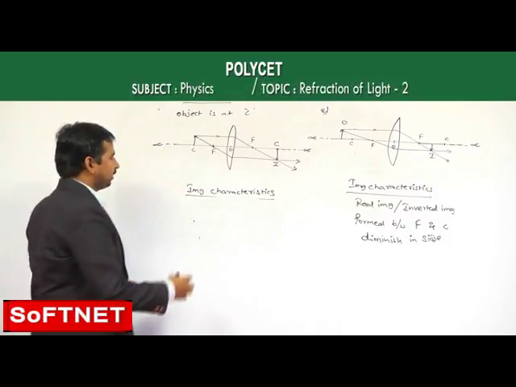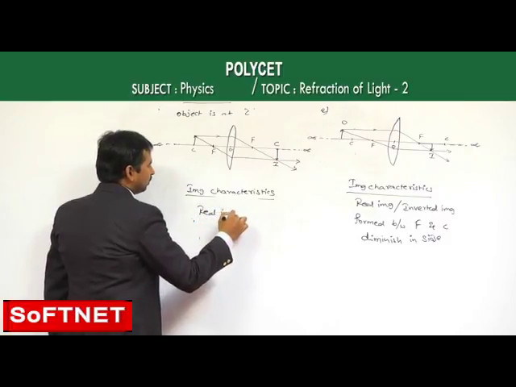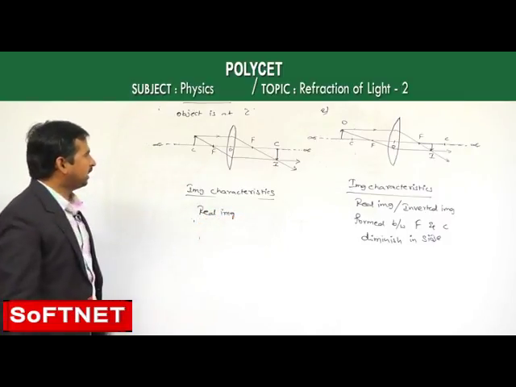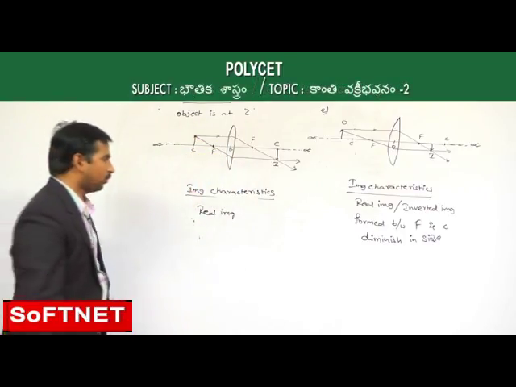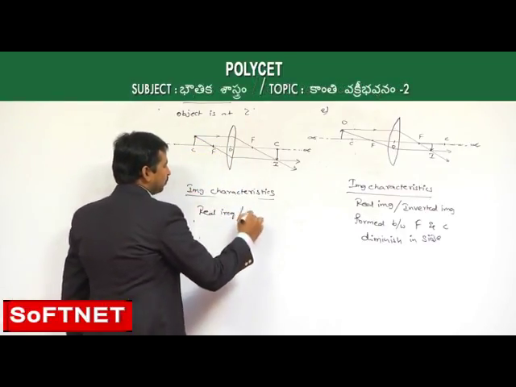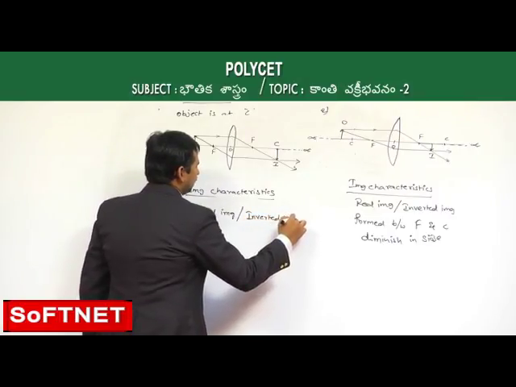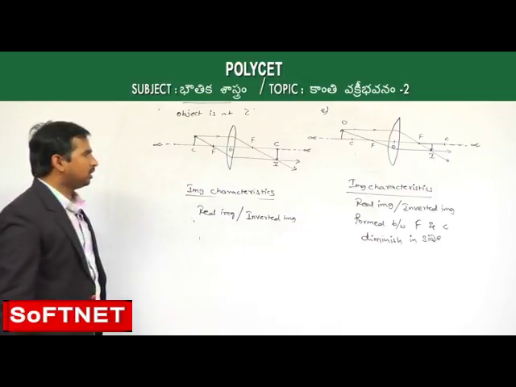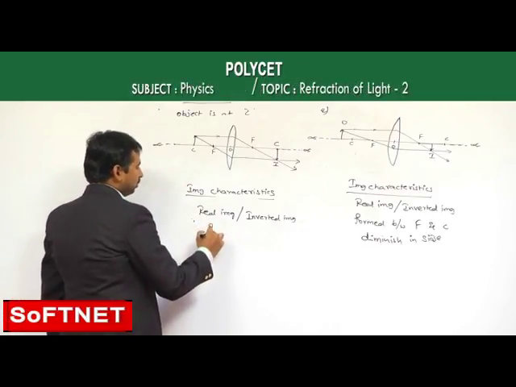When you are taking the case of center of curvature, we observe here the image formed is a real image again, and we know that it is an inverted image also, because the object is above the principal axis, then the image will form below the principal axis, which is inverted. This is an inverted image. And not only that, the image is formed exactly on the center of curvature.